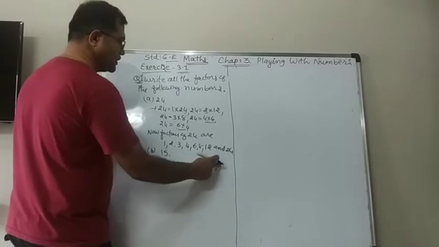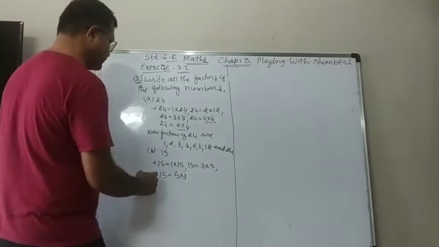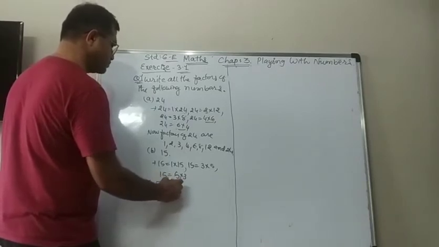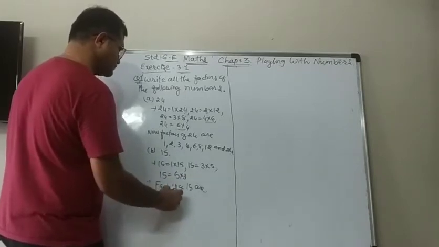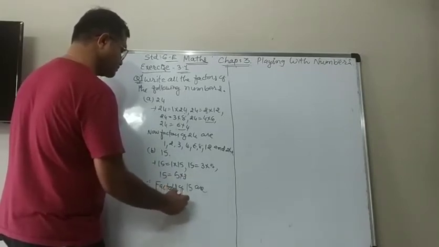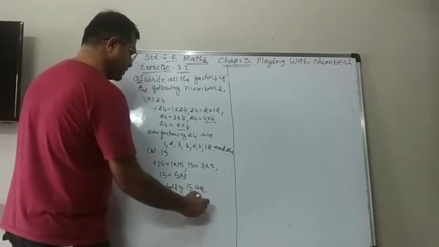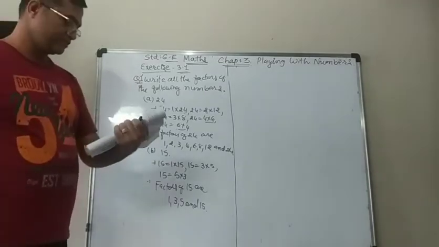Here also you have to stop now because 3 5s are 5 3s is the same thing. Therefore, factors of 15 are 1, 3, 5 and 15. Those are the only factors of 15.